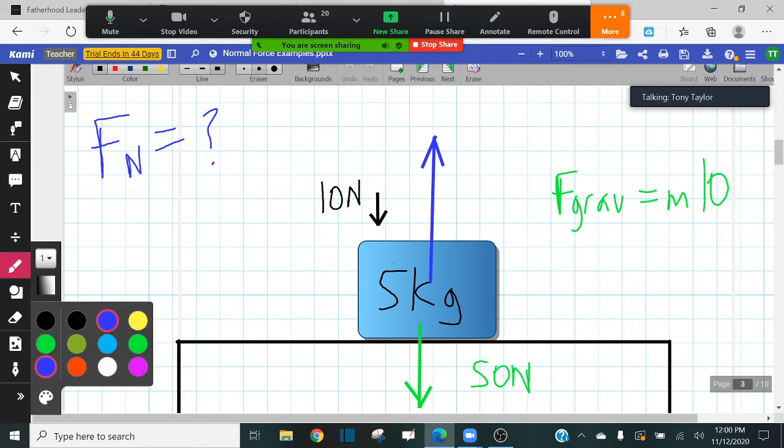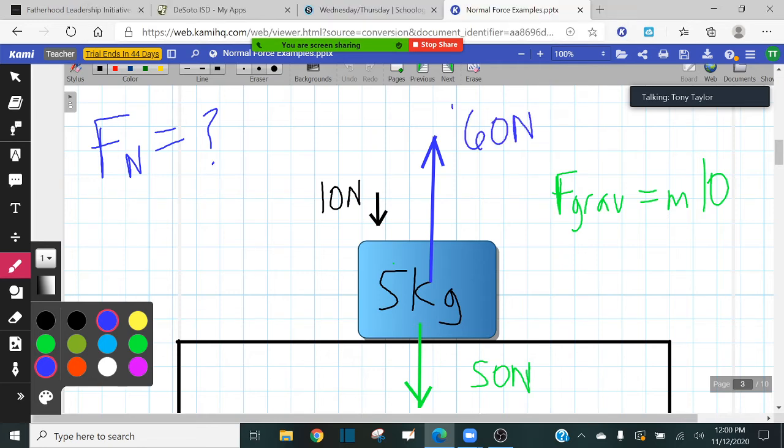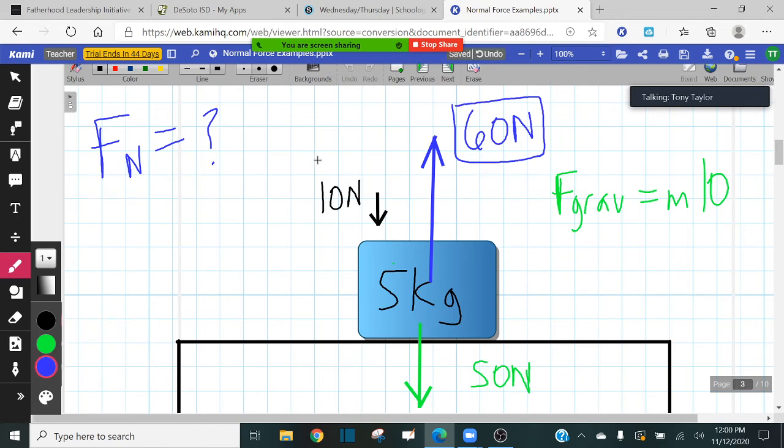So that means in this situation, the normal force would have to be 60 newtons, right? Because 10 plus 50 is 60 newtons, right? Because the one up force has to balance the two down forces, right? Because it's not moving, it's at rest, it's in equilibrium. Okay. So hopefully that makes sense.